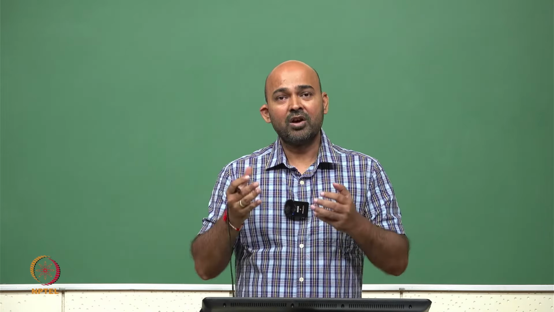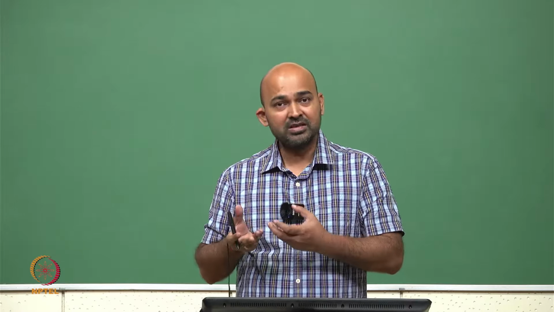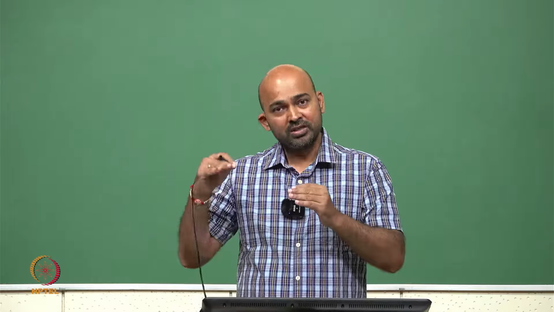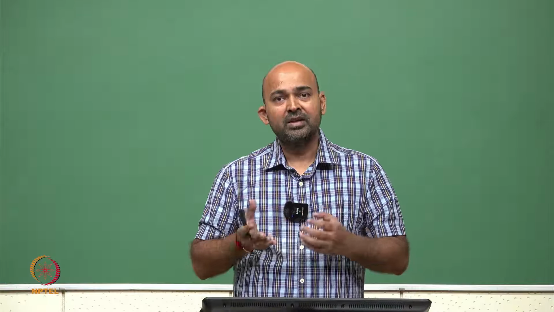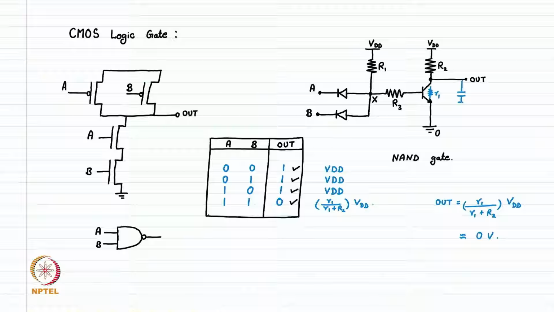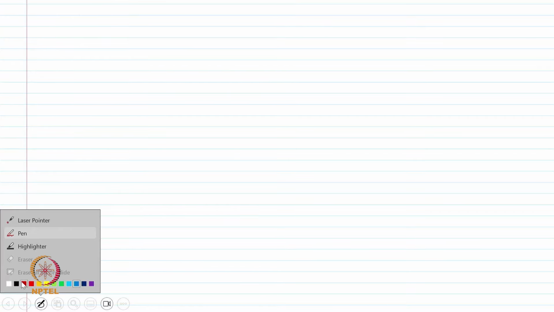So, we now have 4 definitions to specify: logic 0 at the input, logic 1 at the input, logic 0 at the output, logic 1 at the output. So, let us discuss these definitions. Input output voltages for the TTL family, and the same is applicable for CMOS as well.